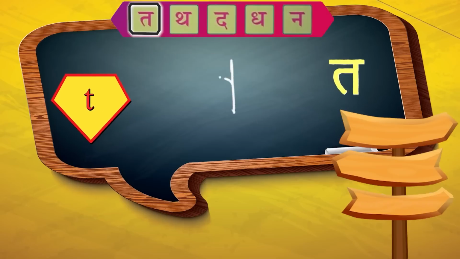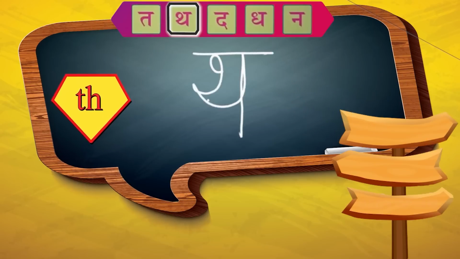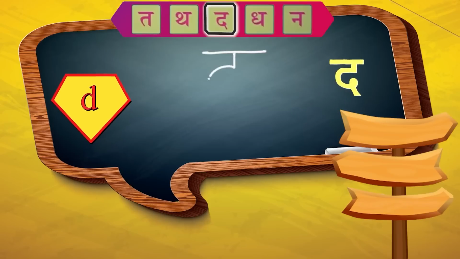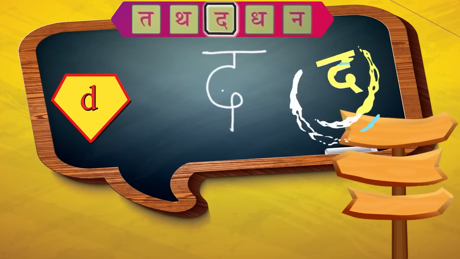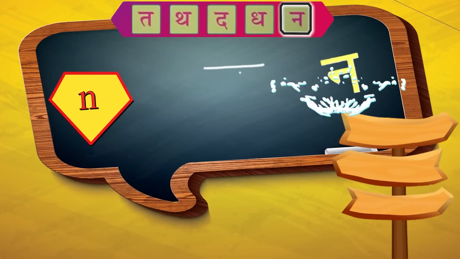This is ta. This is tha. This is da. This is dha. This is ra.